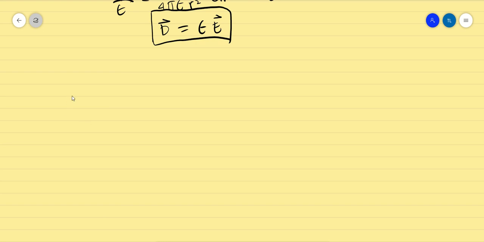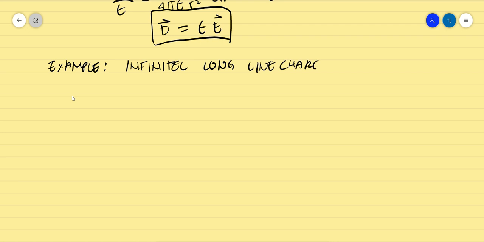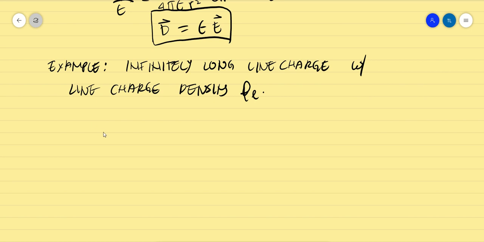So for example, let's take an example here. Before, we did derive a very long derivation for an infinitely long line charge with line charge density rho L. We derived this one before, infinitely long.